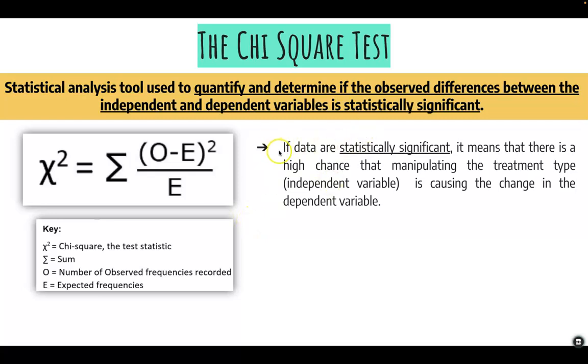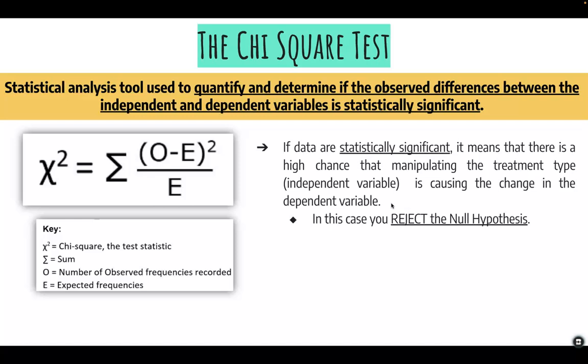If you say that your data is statistically significant, then it means that there is a high chance that your independent variable, the thing that you're manipulating, is what's causing an effect, so it's causing a change in the dependent variable. And so then you're going to reject the null hypothesis.